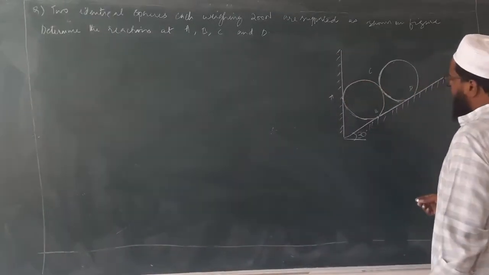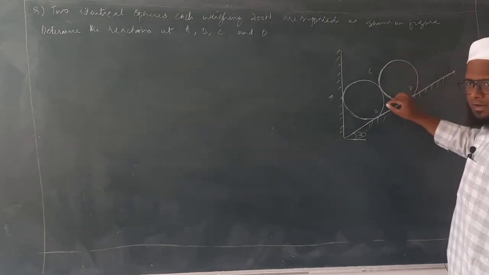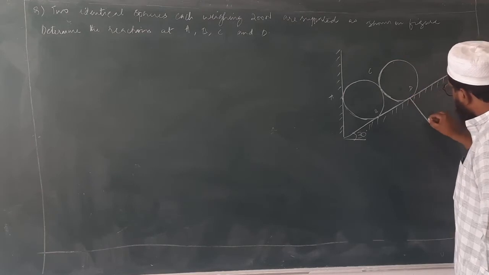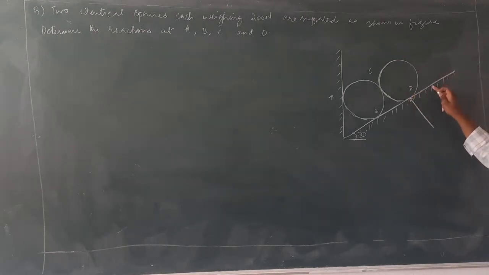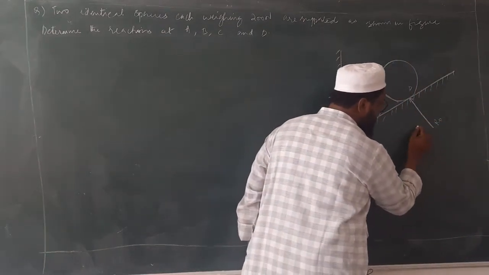Now see here, how many reactions will be coming over here? For this sphere alone, we will be having one reaction which will be going exactly perpendicular to this surface, isn't it? So what will be this reaction? RD. What will be the inclination of RD? What will be this inclination?